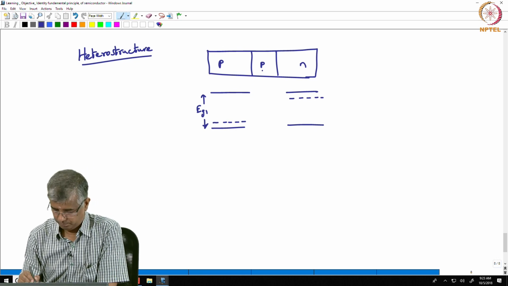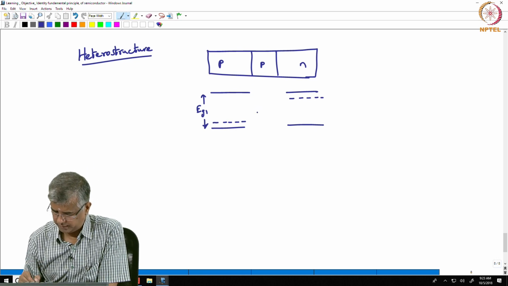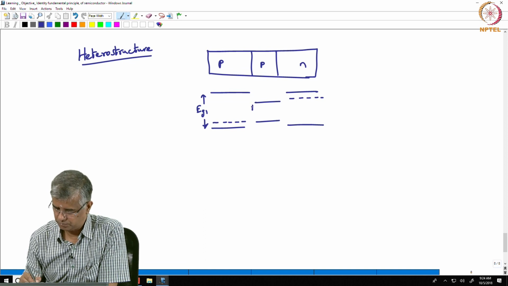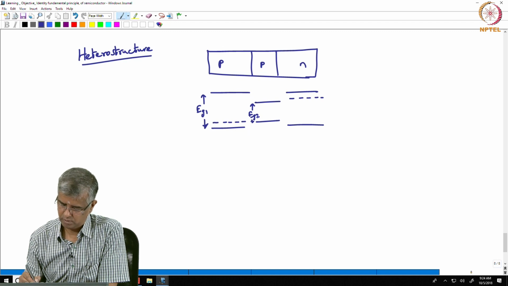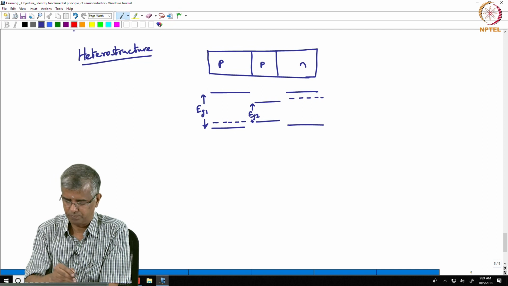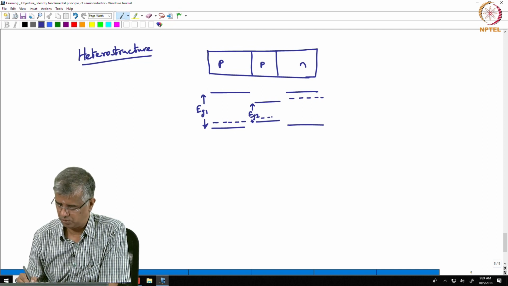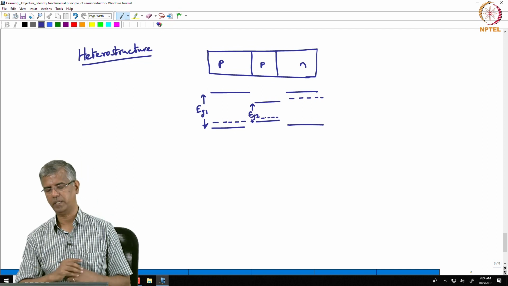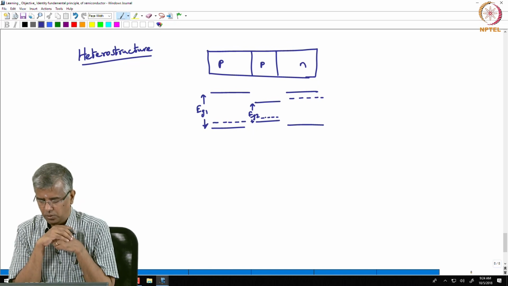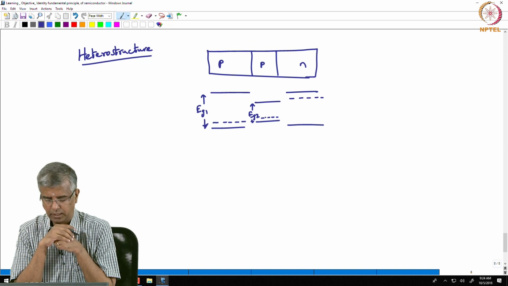But in this other material, suppose you have a band gap Eg2, right. Suppose you have a lower band gap, and of course, it is a P type, so the Fermi energy has got to be somewhere over here, right. If you have that, then what happens?